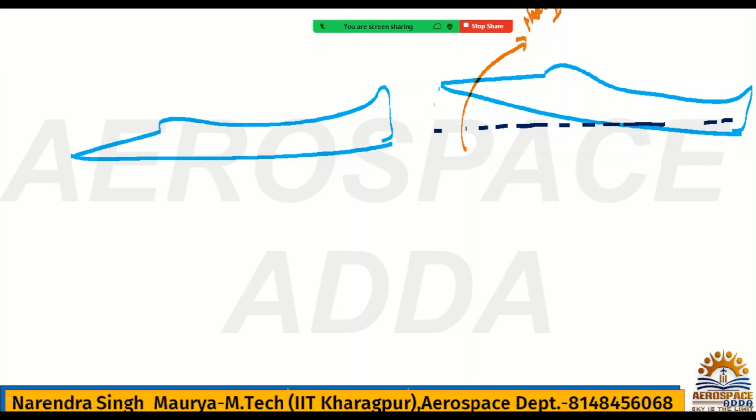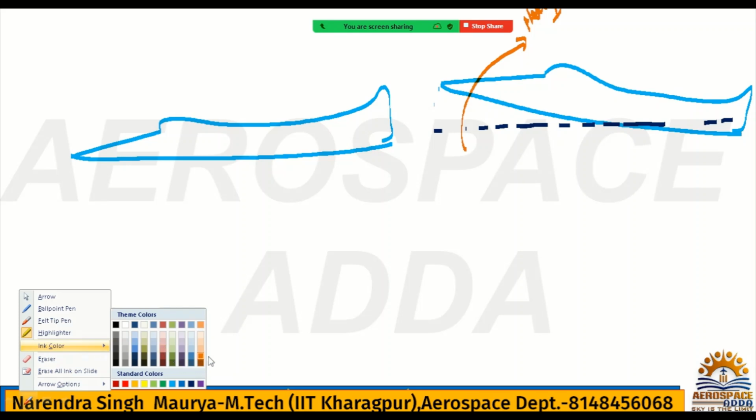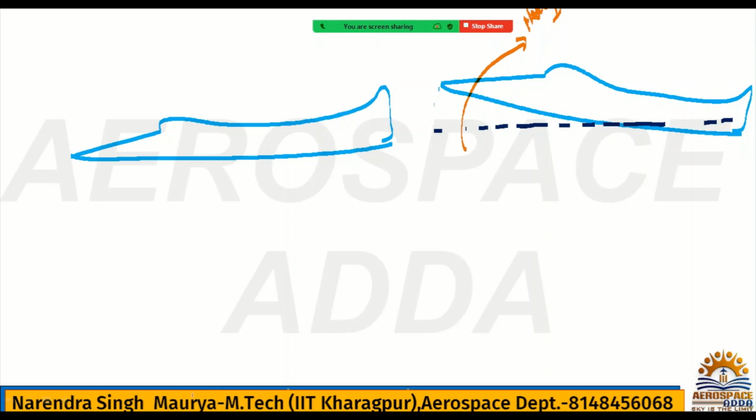Okay, if the angle of attack has increased, and if this airplane is stable, then what will it try to do? Once the disturbance is gone, this airplane will again try to come back to its original position. That is the initial tendency of static stability. In the beginning I had explained the definition of static stability.